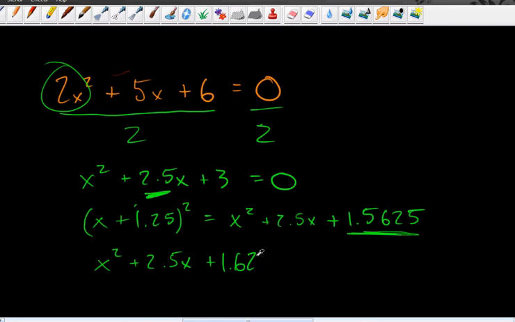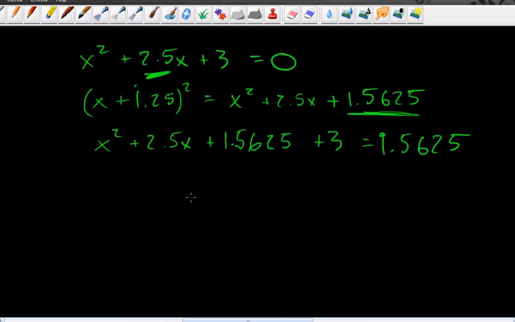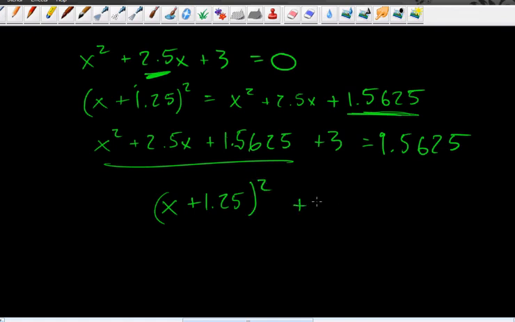So I get x squared plus 2.5x plus 1.5625 plus 3 equals 1.5625. Factoring the first perfect square into x plus 1.25 squared plus 3 equals 1.5625.